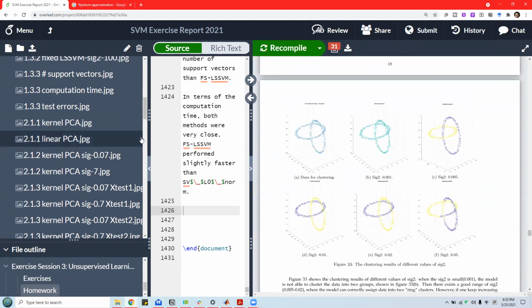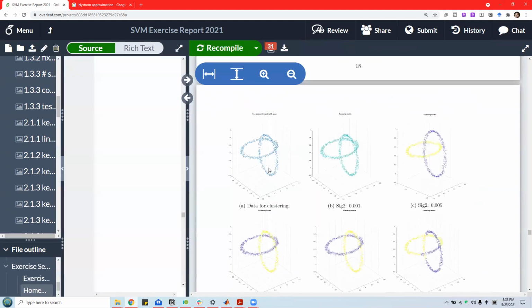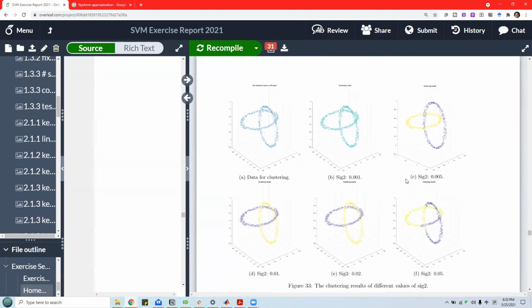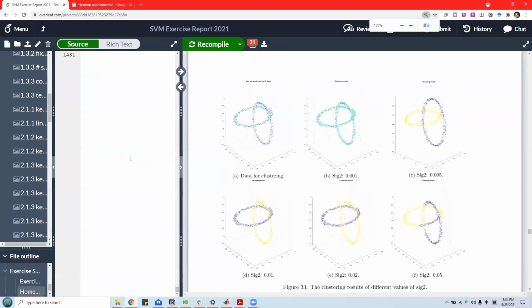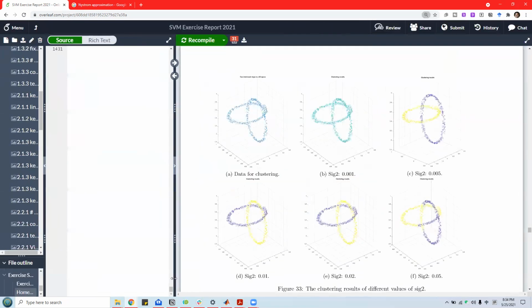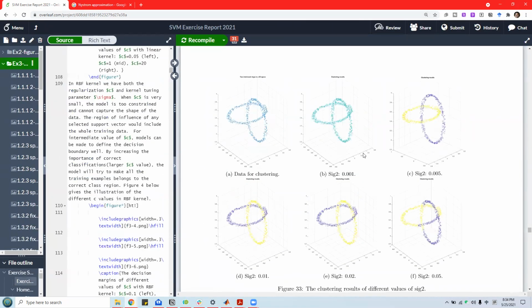Can you hear me? Yes. When I set sigma equal to 0.001, like the second picture on the screen, your picture is green, but in my code I can separate these two rings.